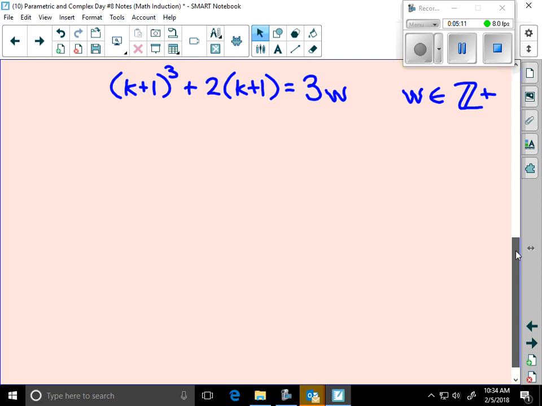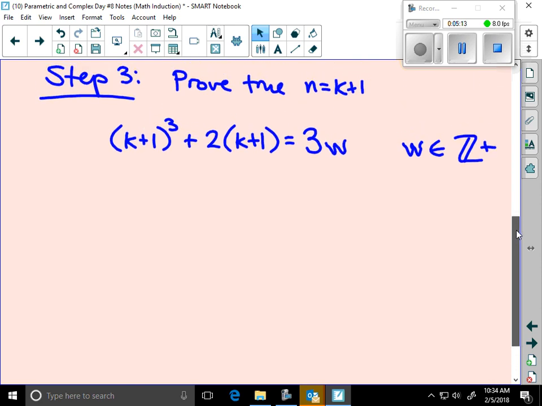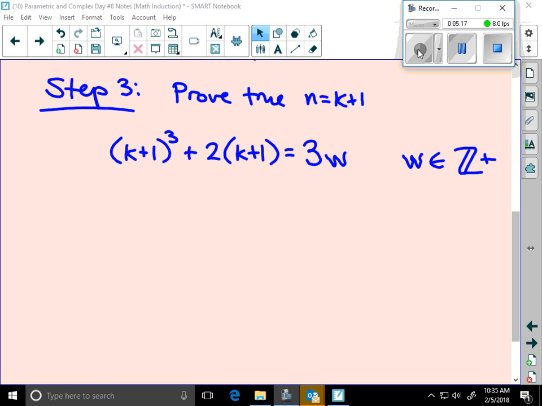I'm going to pause the video so you can think about this for a moment. Let's make it look like step 2, at least part of it. In step 2 I had k cubed plus 2k. Do I have a 2k? Actually I do. I have a 2k plus 2.